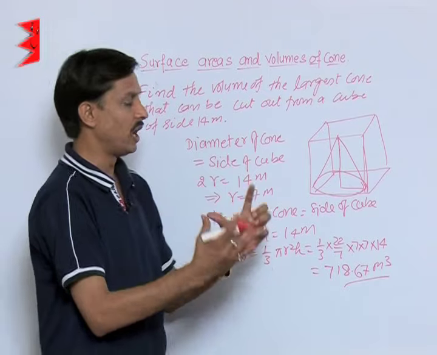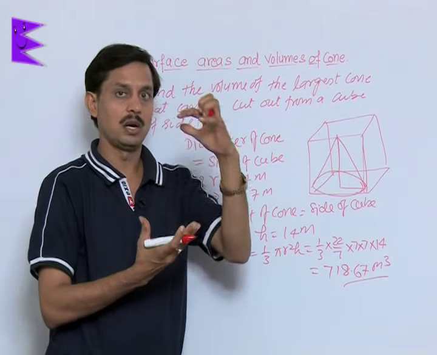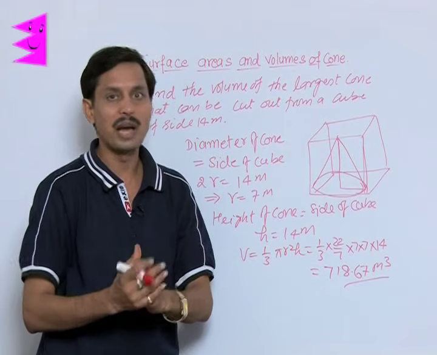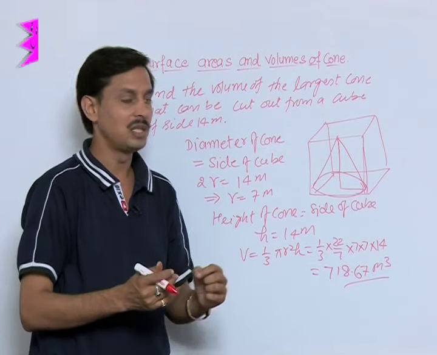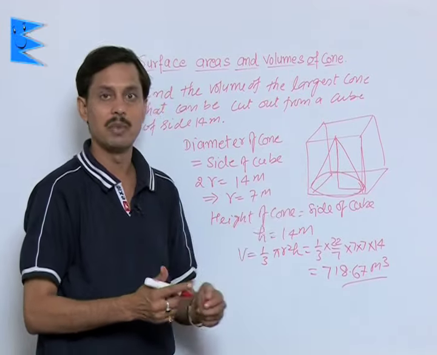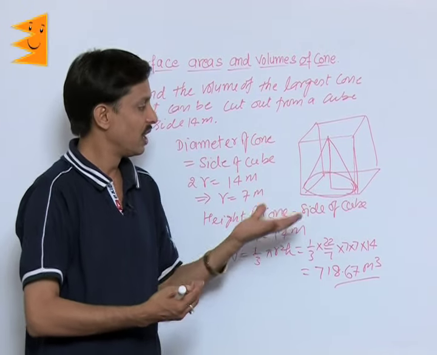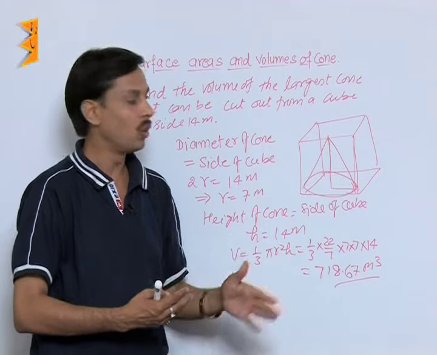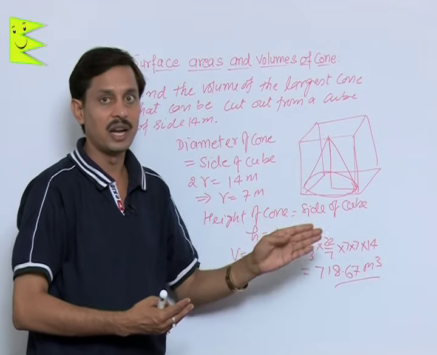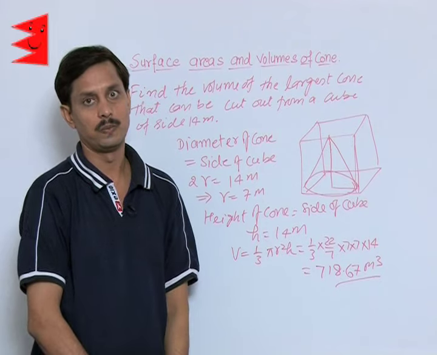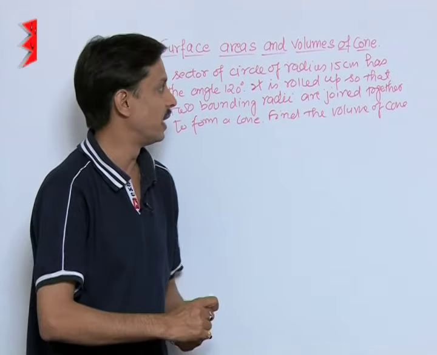So in this way, we can carve out a cone from a cube of maximum height, of maximum radius or diameter. Then we can calculate its volume, height, slant height, curved surface area or total surface area also. I am taking a question here.